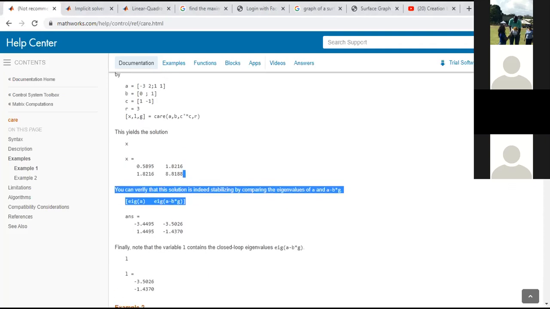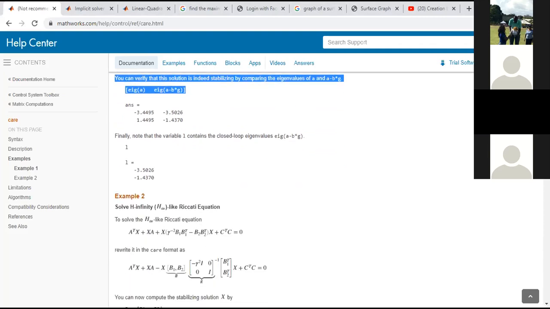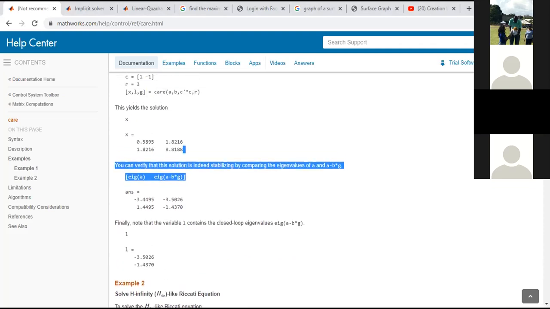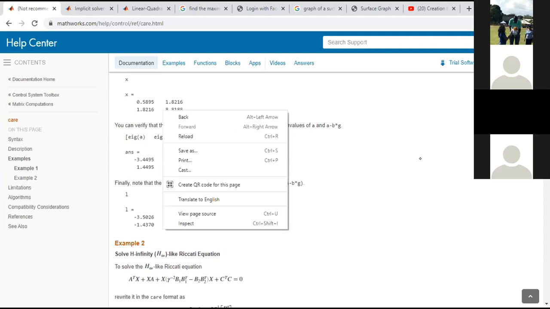This is G, X, L. It's supposed to give me G. I think this is a mistake that they make. This is supposed to be the gains of, well, the new closed loop eigenvalues L equal blah, blah, blah. So this is, I don't say the gains are.